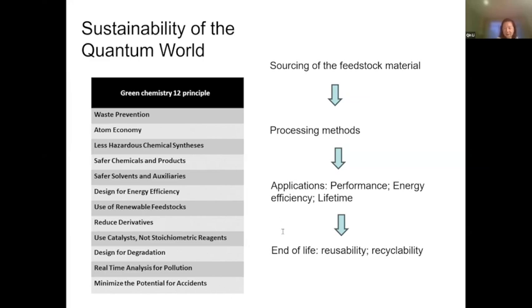And the fourth is the end of life, whether they can be recycled easily, whether they can be reused. So if we use these 12 principles to guide our assessment of the suitability of these quantum materials, we can form a better picture of whether it's going to become a benign and useful material for society.